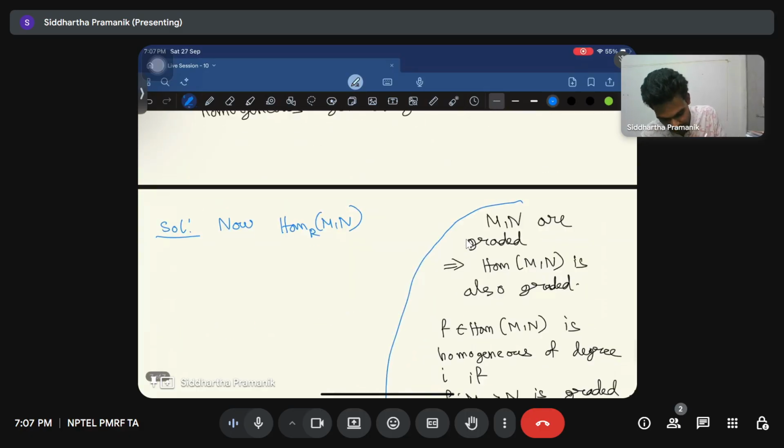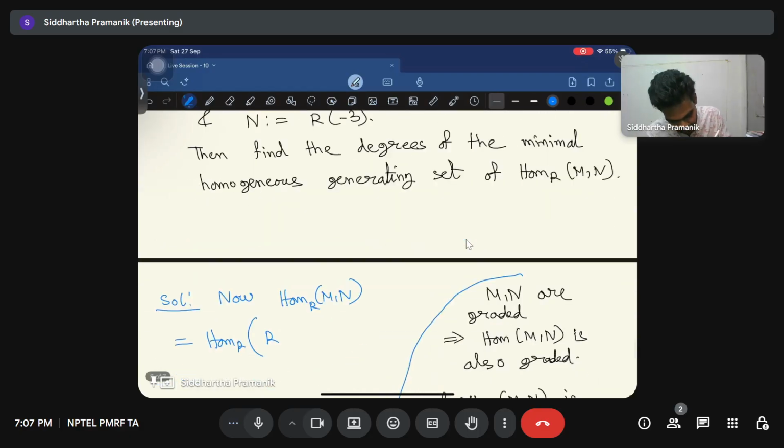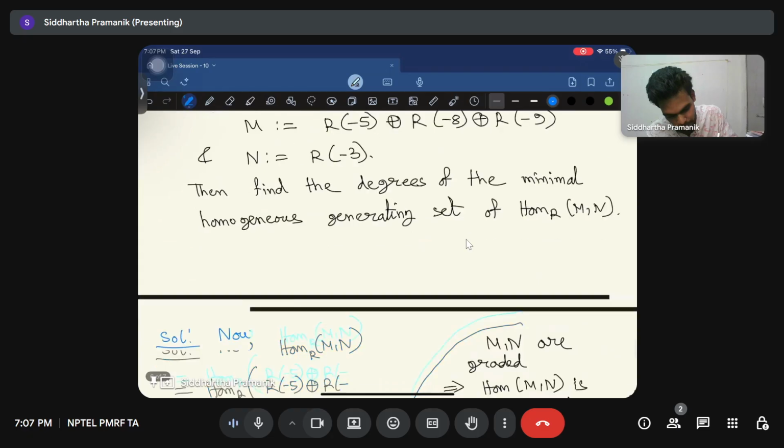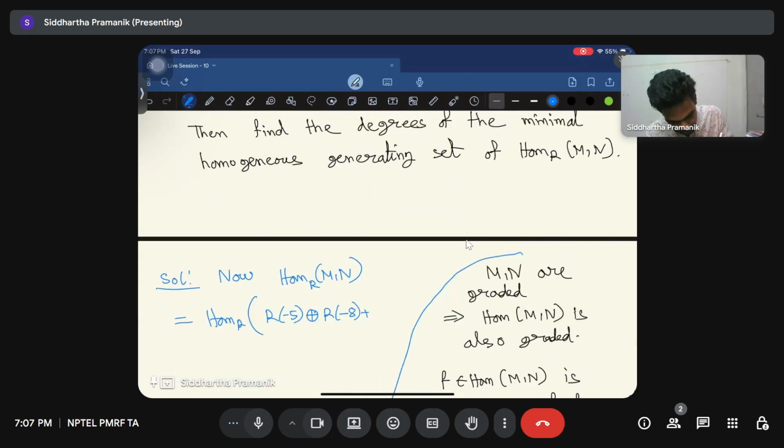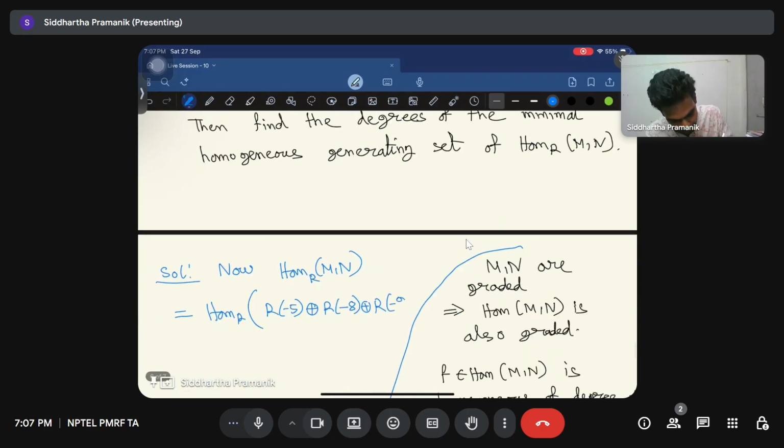So this is basically Hom of R shifted by minus 5, direct sum R shifted by minus 8, direct sum R shifted by minus 9, comma R shifted by minus 3.